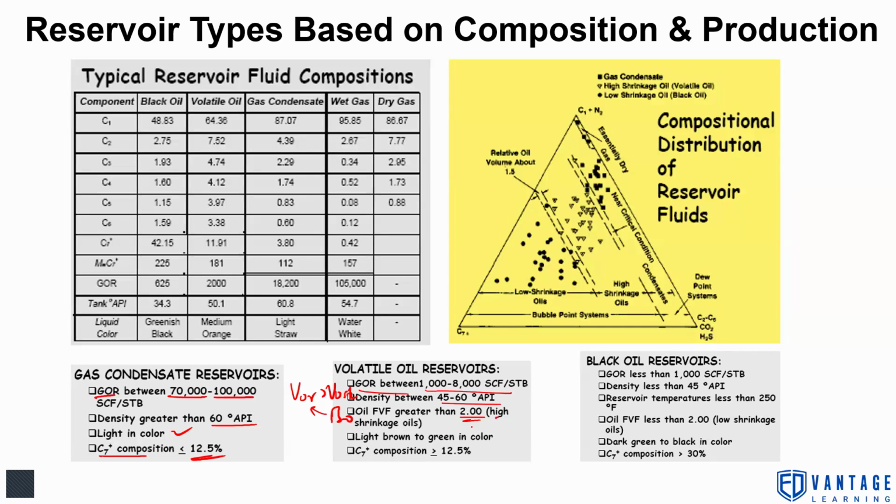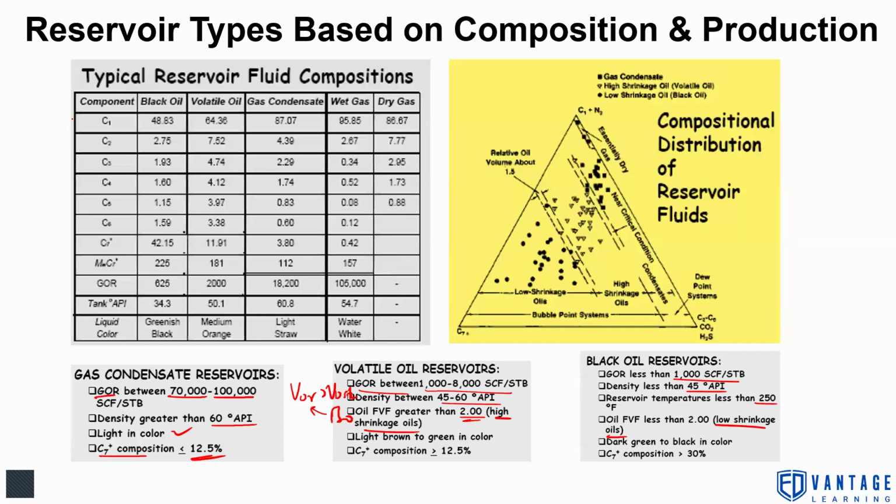So they are called high shrinkage oils. This volume shrinks more as compared to black oil reservoirs, which are low shrinkage oils. Okay. So black oil also has GOR less than 1000 SCF per STB, density less than 40 degrees API, and temperature of reservoir less than 250 degrees Fahrenheit. And they're dark green to black in color.